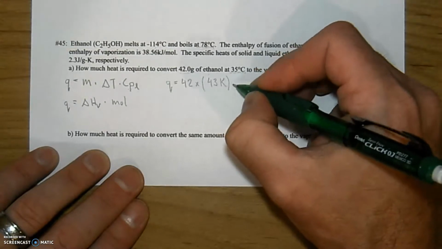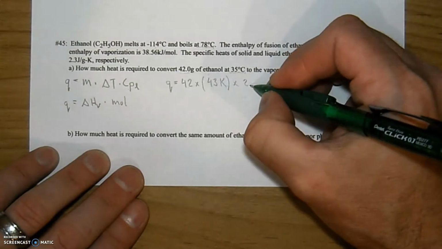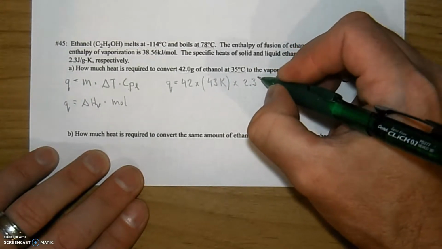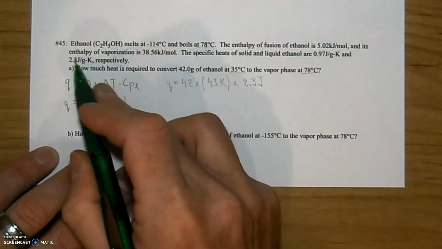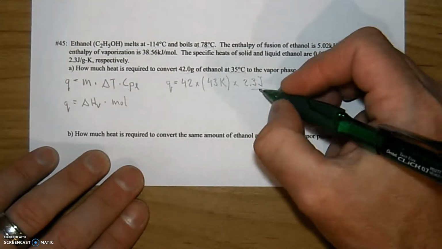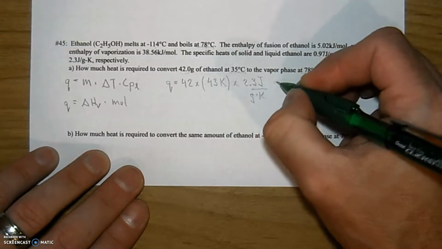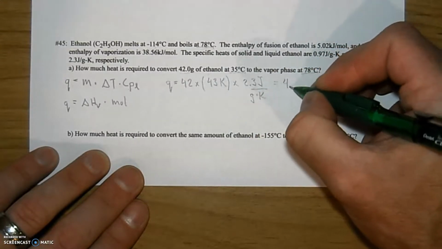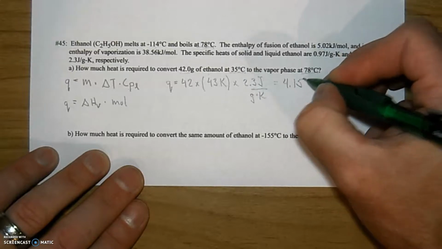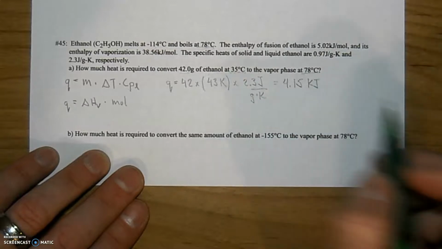Times 2.3 joules, and again, I'm getting that from right here, joules per gram per Kelvin. And that gives me an answer value of 4.15 kilojoules. It's a large number, and I just actually did the switch right here.